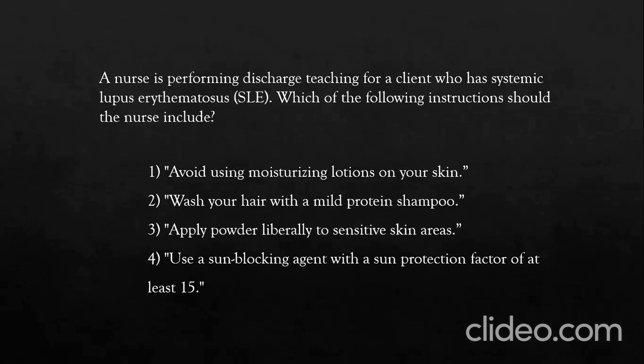You need to protect lupus from sun. But it's B, option two. Why? Because of this 15 right here. I believe the minimum SPF should be at least 30. So they'll try to trick you. You were right with the sun blocking. You had the right idea. But they're going to try to trick you and add that little detail there.